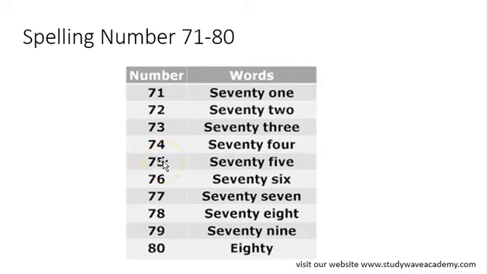So our next number we have here is 75. And how do we spell 75? Seventy and 5 together. Correct. So we're going to spell 70 first and 5, and we'll spell them together. Okay, are we ready? Let's spell together. 75.